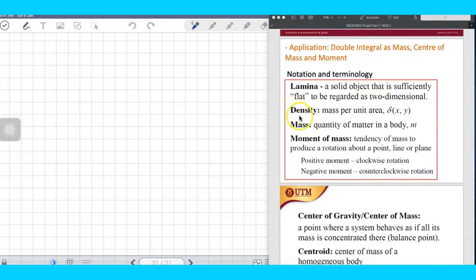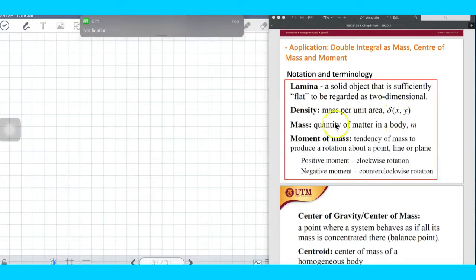You can also find the word density in this topic. Density is given by delta, as a function of the variables. The density is just like the integrand part of the double integral.